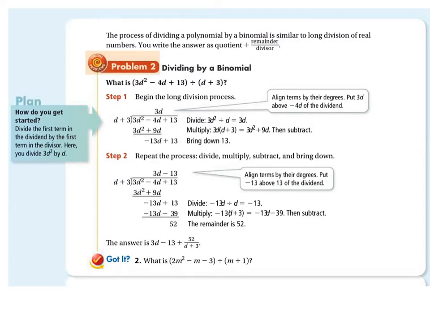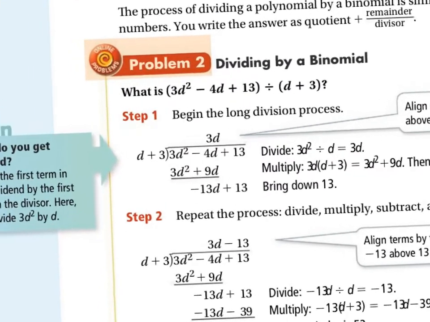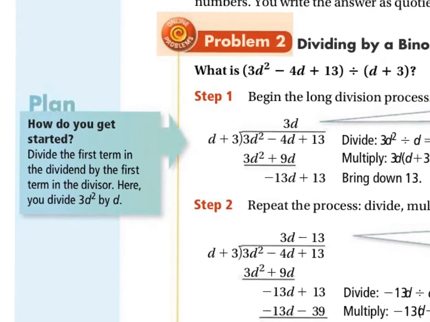The next thing we're going to look at is dividing by a binomial. Dividing by a binomial, we're going to work out things a little bit differently. And so potentially what we could do, if we were dividing this out for problem 2, we could think about it as a fraction.